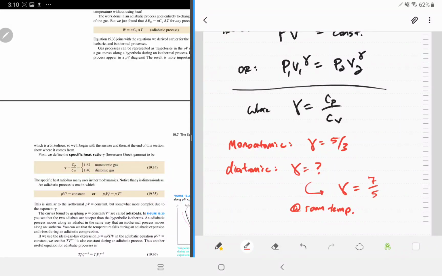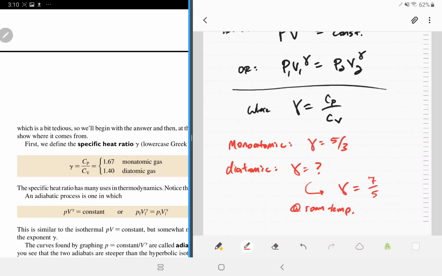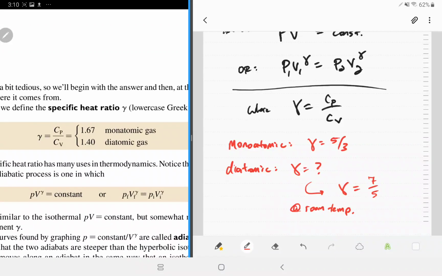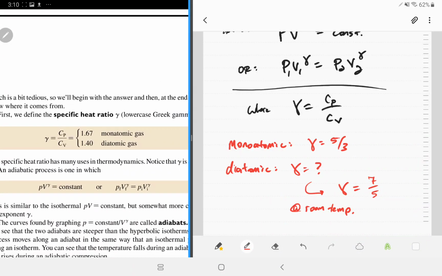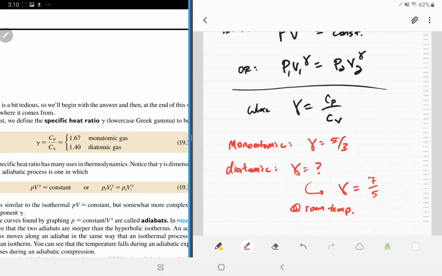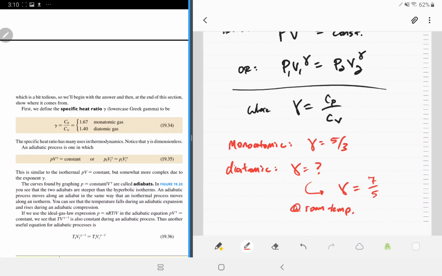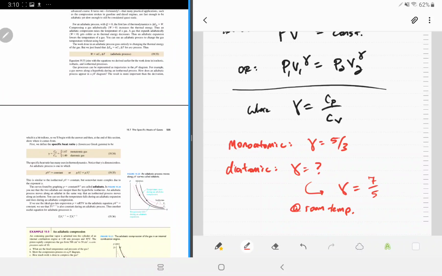That's where your book got this 1.40. Your book should probably include a warning with that value. The top value, for the monoatomic gas, is always true. This 1.40 for the diatomic gas is only true at room temperature. We're going to see that value change in chapter 20, so I'm hesitant to just write exactly what the book has there.